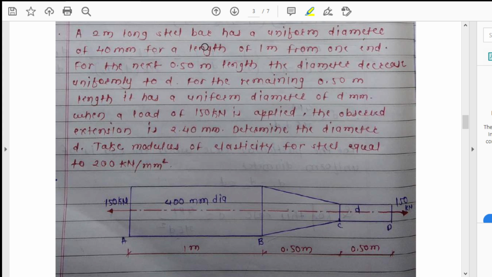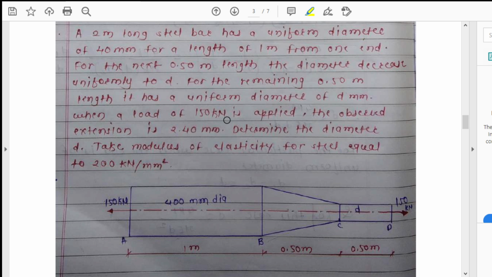a 2-meter long steel bar has a uniform diameter of 40 mm for a length of 1 meter from one end. For the next 0.50 meters, the diameter decreases uniformly to d. For the remaining 0.50 meters length, it has a uniform diameter of d.